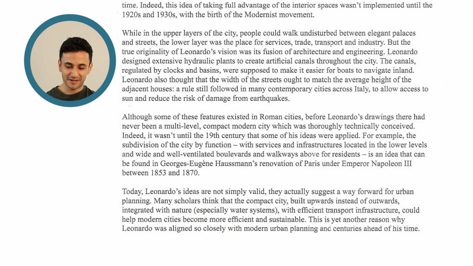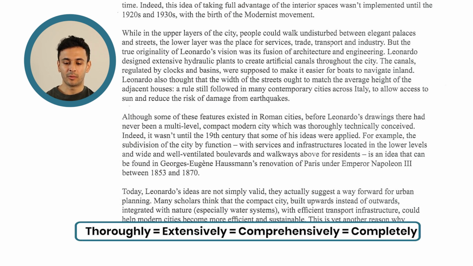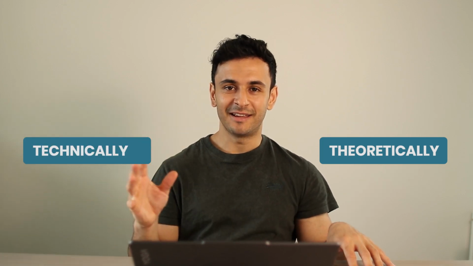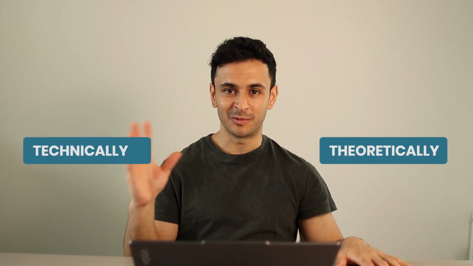Although some of these features existed in Roman cities before Leonardo's drawings, there had never been a multi-level compact modern city which was thoroughly, which means extensively or comprehensively, completely, technically conceived. So technically is always related to an action. If I say theoretically, it means it's only on paper. I might have some ideas theoretically, but if I say technically, it's related to the practical side, conceived.